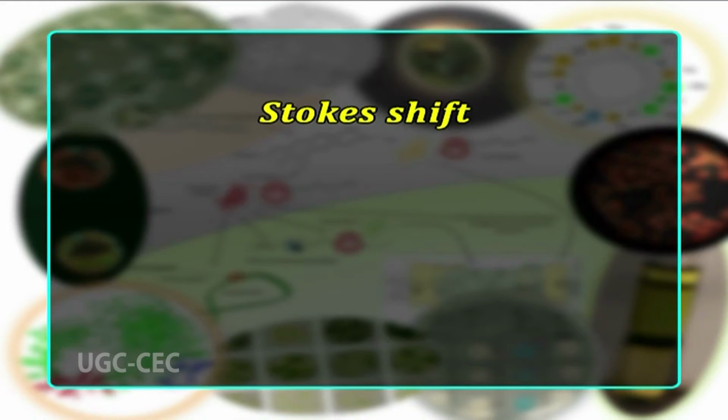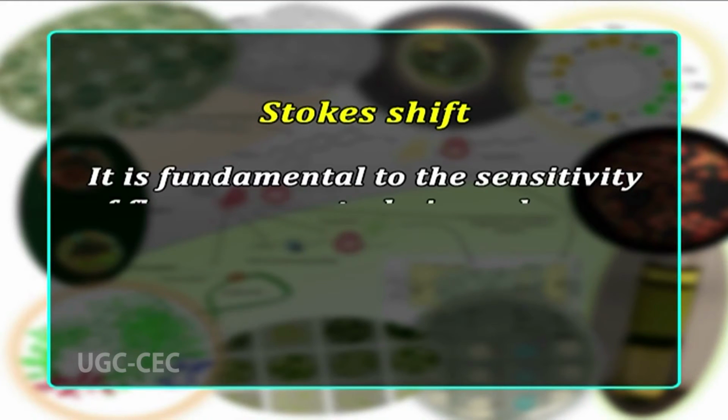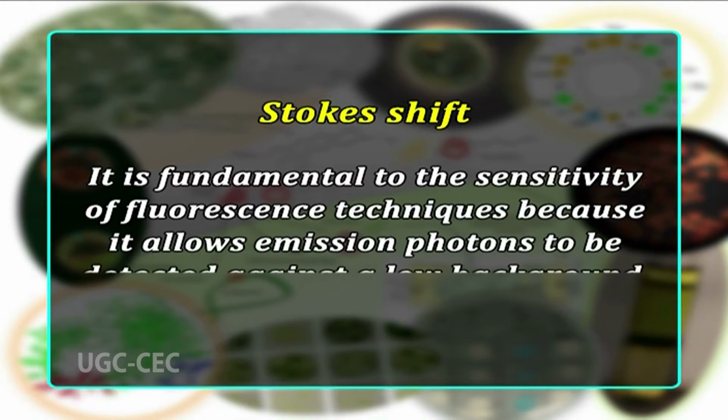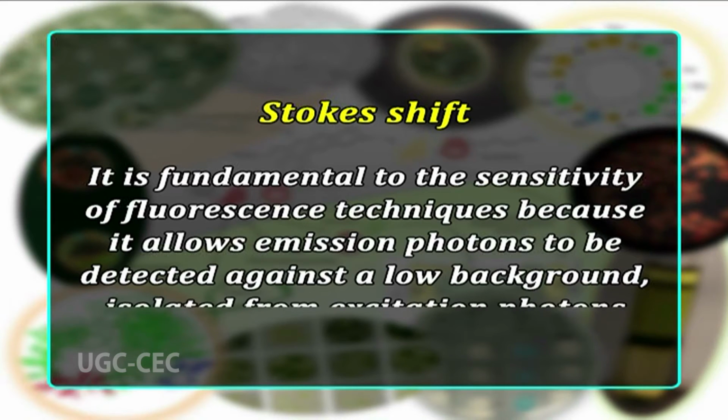The Stokes shift is fundamental to the sensitivity of fluorescence techniques because it allows emission photons to be detected against a low background, isolated from the excitation photons. In contrast, absorption spectrophotometry requires the measurement of transmitted light relative to high incident light levels at the same wavelength.